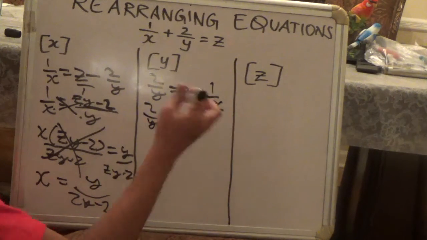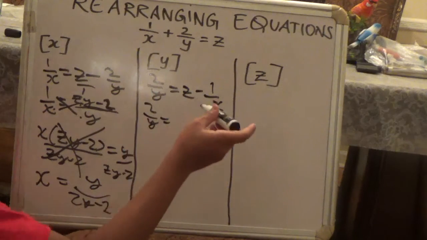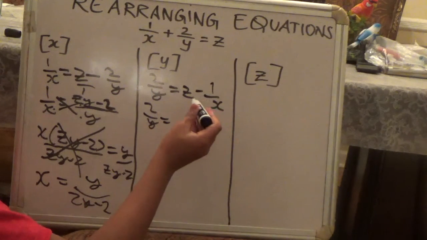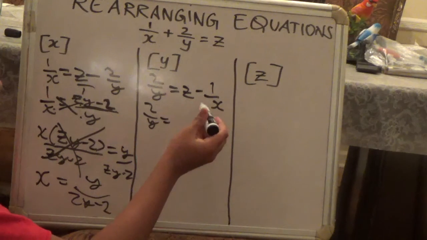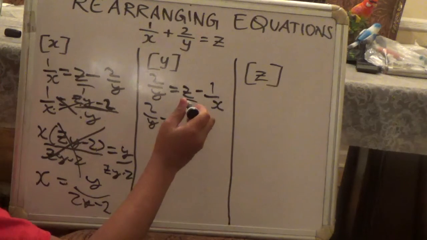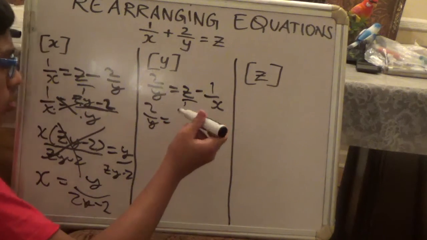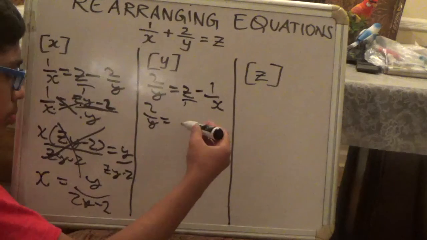Now what we have to do is the same thing we did over here, which is find the least common multiple. Since z is once again z over 1, and x and 1 don't have any greatest common factors, you just multiply them.